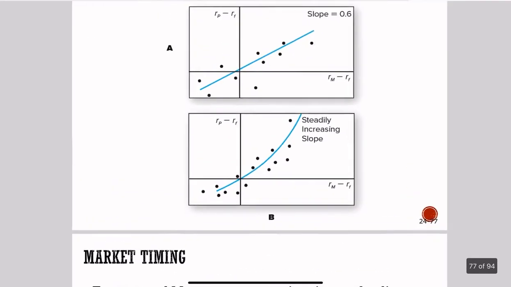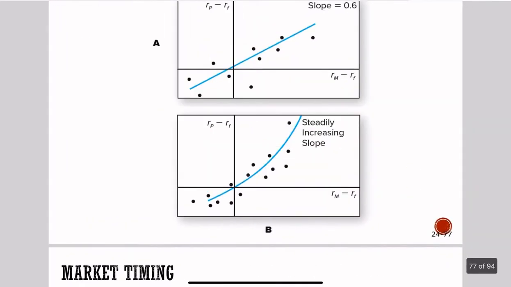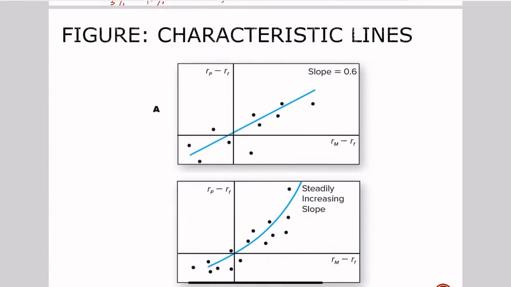So you can see that the shape of this curve, when you're drawing the excess return of the portfolio against the excess return of the market, will tell you whether this manager is timing the market or not. This is a pretty smart and beautiful way to understand a manager's ability to time the market.